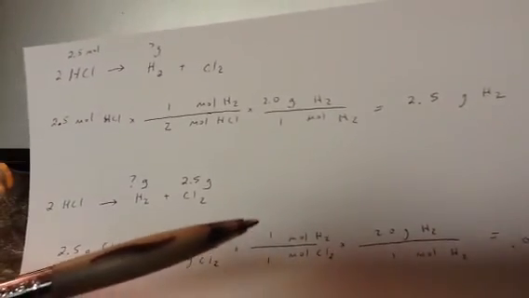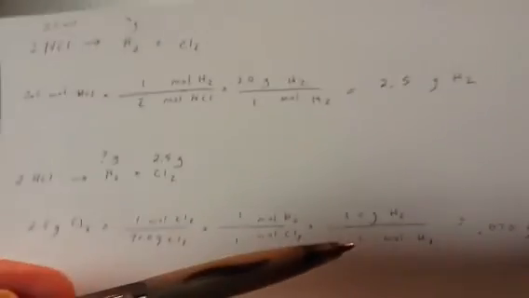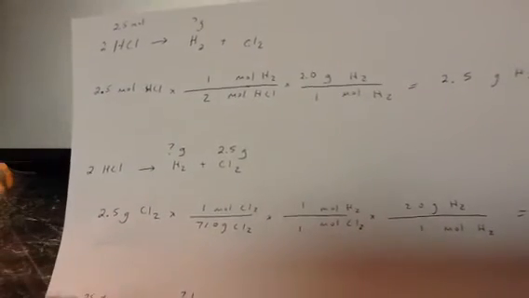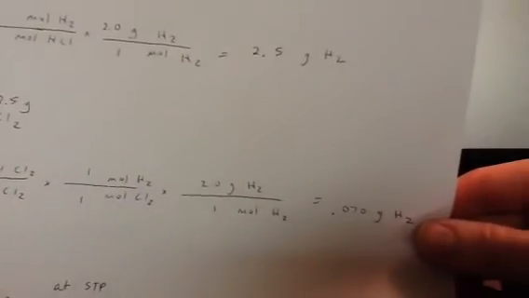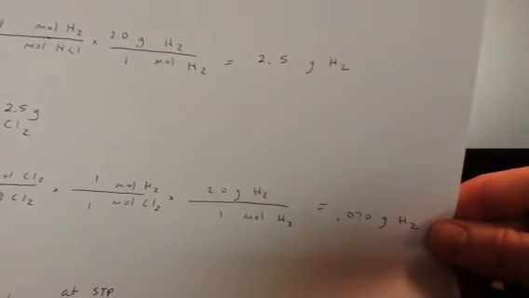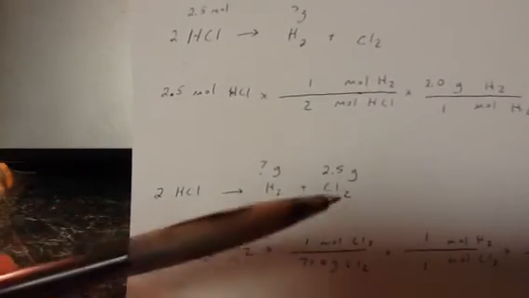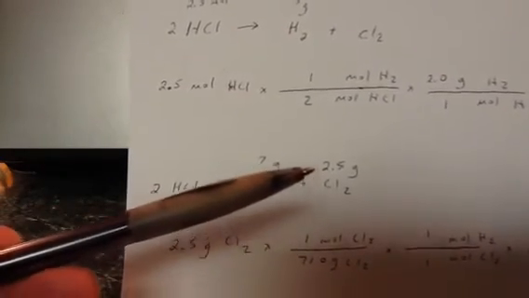I can omit this step because it's just times 1 divided by 1 times 2. So 2.5 divided by 71 times 2, and I get an answer of 0.070 grams of H2. Now notice my sig figs will always come from the number that's given in the problem. The last type of problem is a stoichiometry of gases.